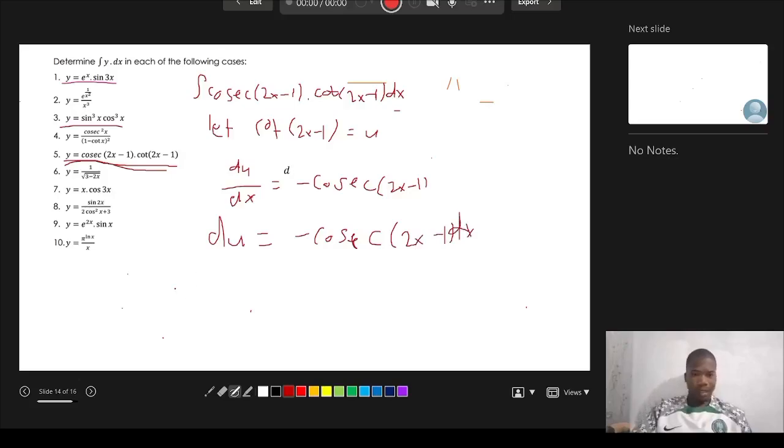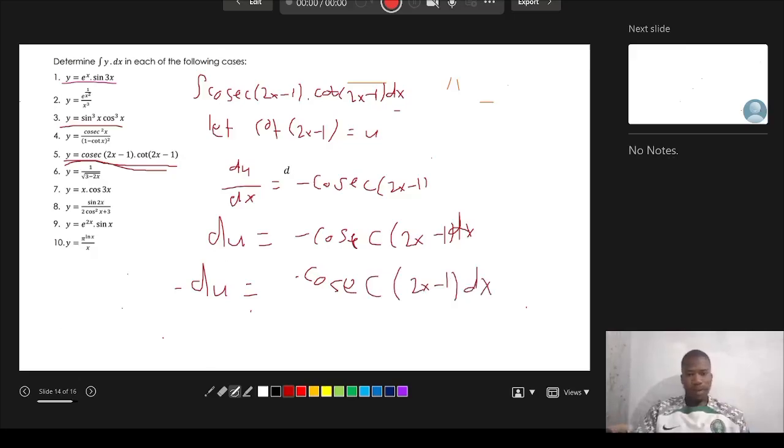Then negative du is equal to positive cosec squared(2x minus 1) dx, right?